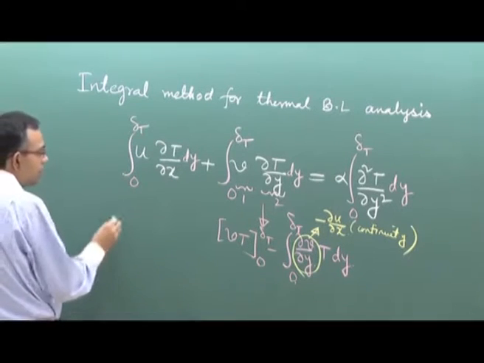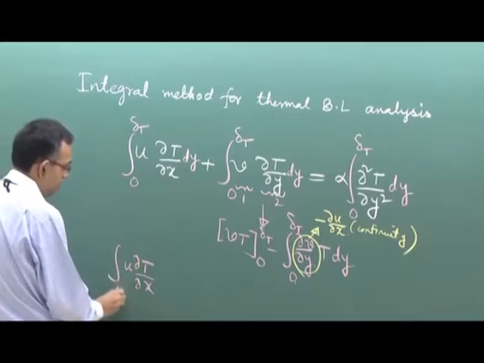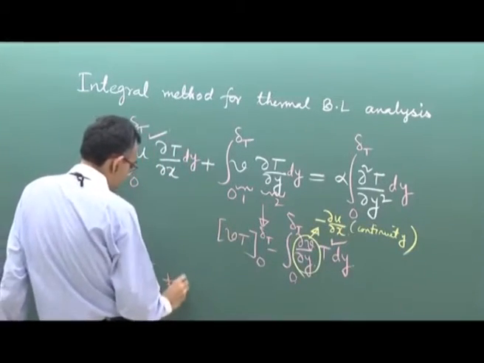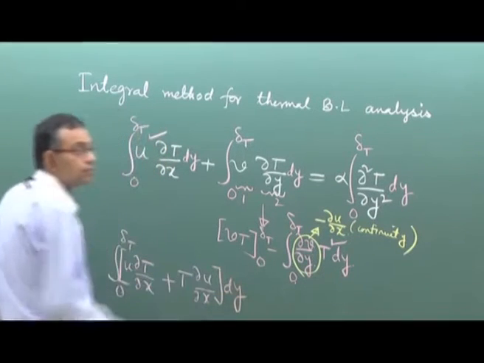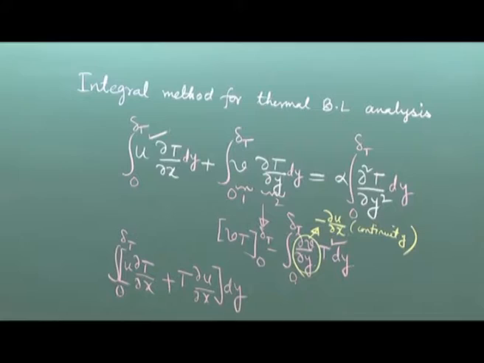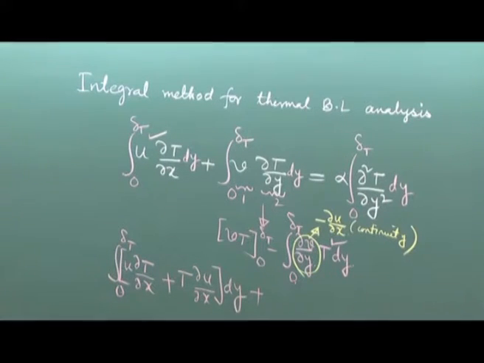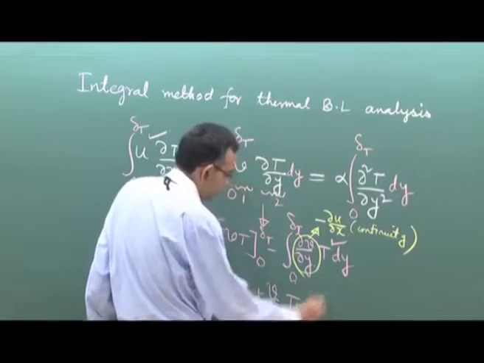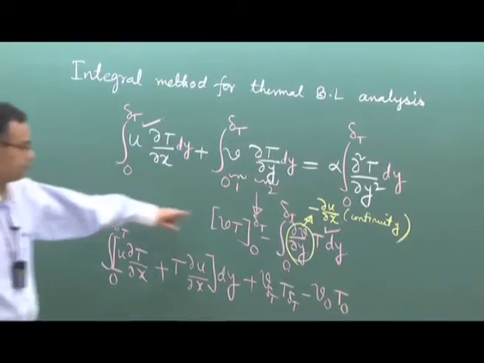Therefore, this equation becomes the integral from 0 to delta t of u del T del x, and we can club this term and this term together, plus T del u del x, plus v at delta t into T at delta t minus v at 0 into T at 0, that is this term.